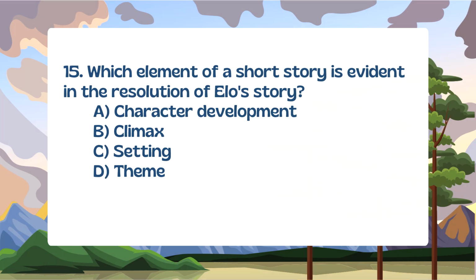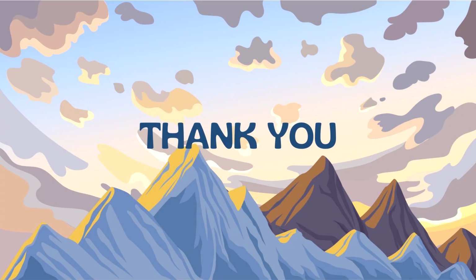Which element of the story is evident in the resolution of Elo's story? A. Character development. B. Climax. C. Setting. D. Theme. That is letter D. Theme. Thank you, everyone.